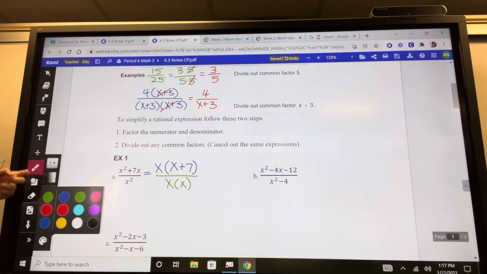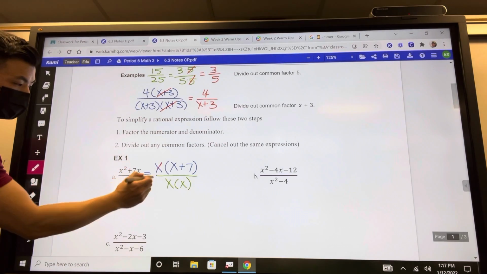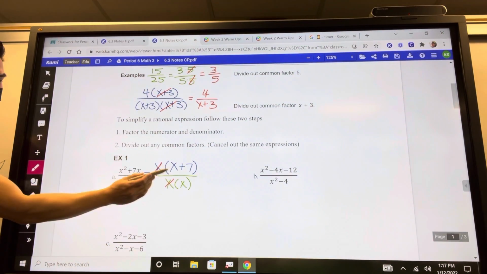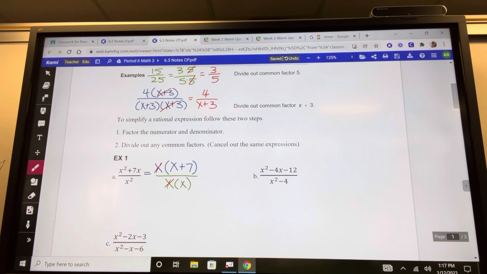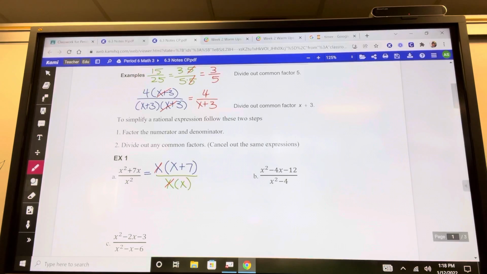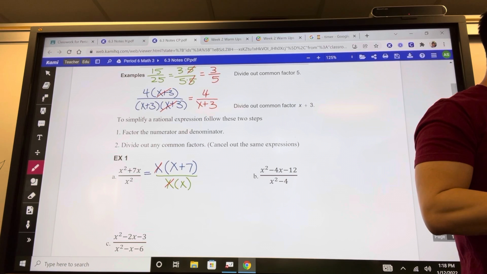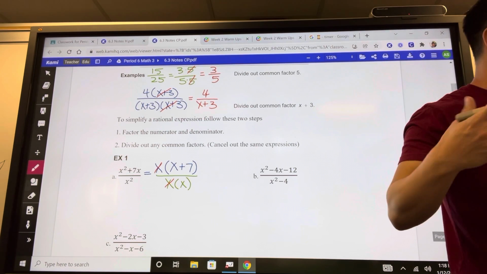What cancels? X. Can I cancel out these 2 x's? Maybe? Why yes or why no? They have the same exponent?